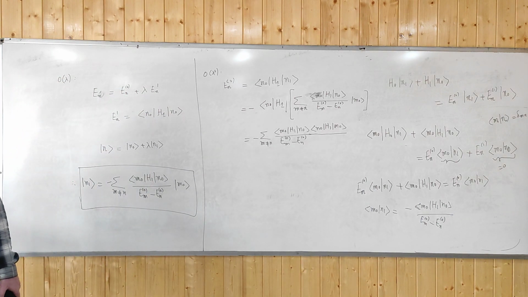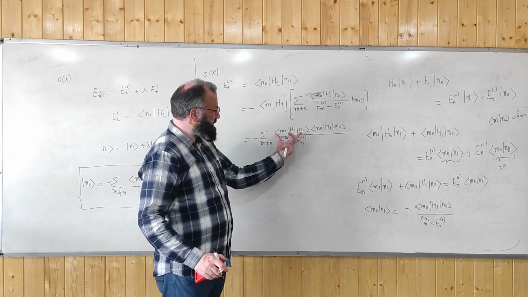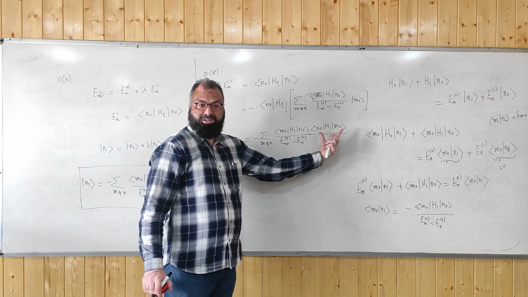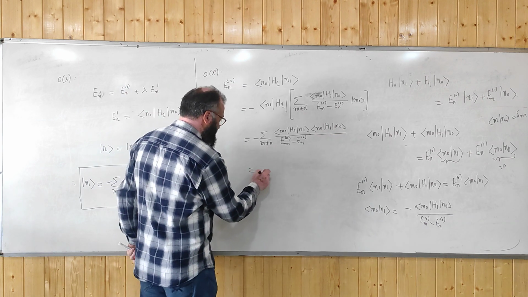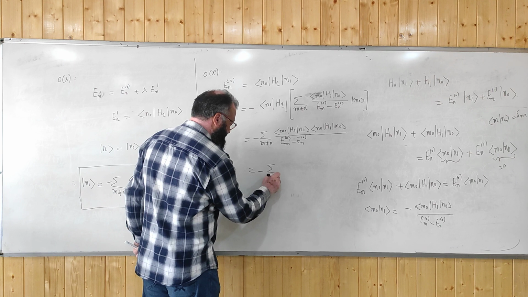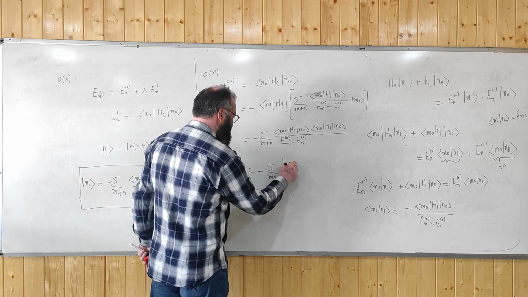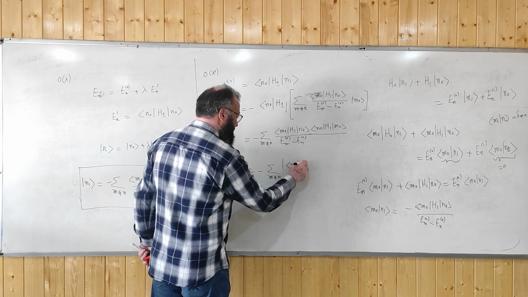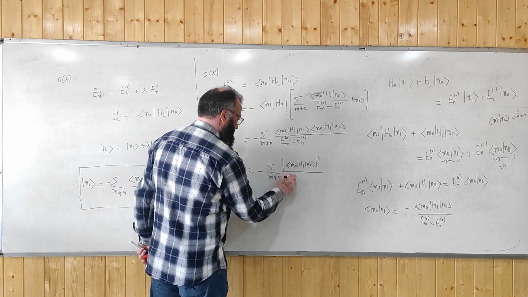H1 is a Hermitian quantity, is it? Now look here. If you see this very object and this, they are Hermitian conjugates of each other. They are conjugate terms. So I can write it as the mod of <m0|H1|n0> squared. So this is your second order correction.